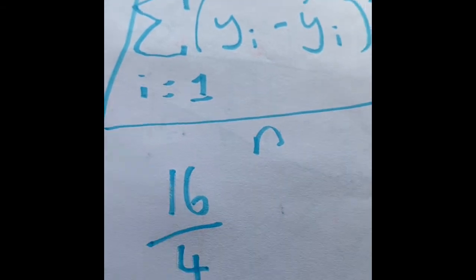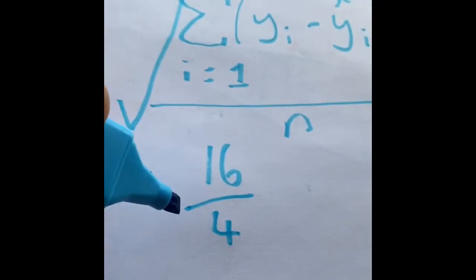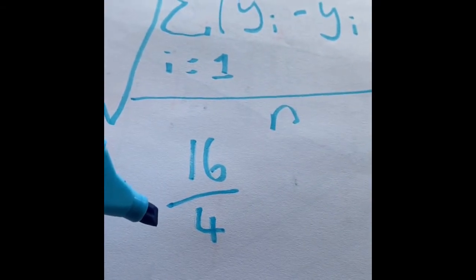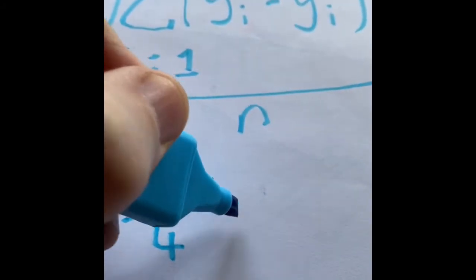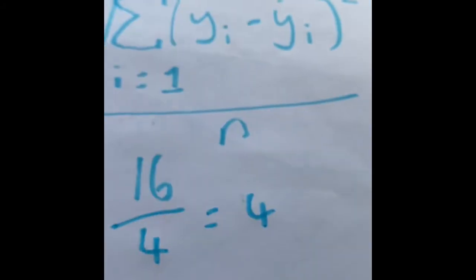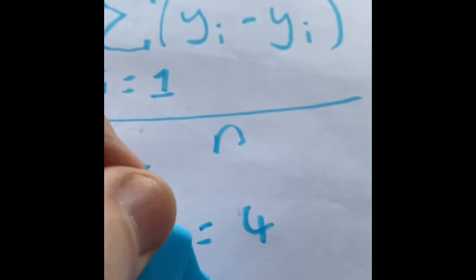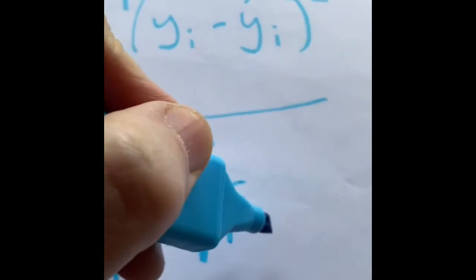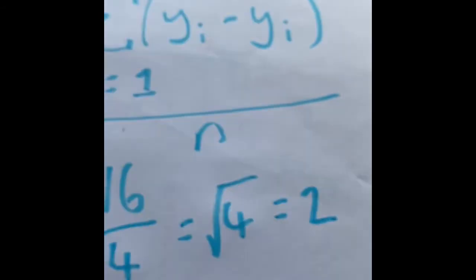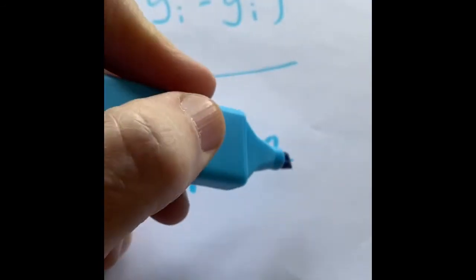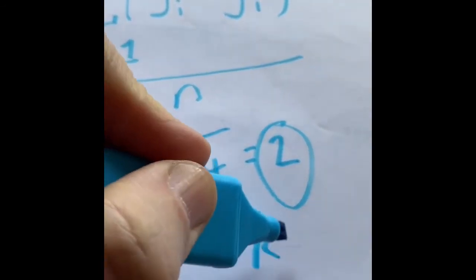I'll just make it easy, I can do this in my head. So we've got 4 observations, so 16 divided by 4 equals 4 of course, and then if we take the square root of 4, we'll get the number 2. So what we've got there is an RMSE value of 2, but 2 what?